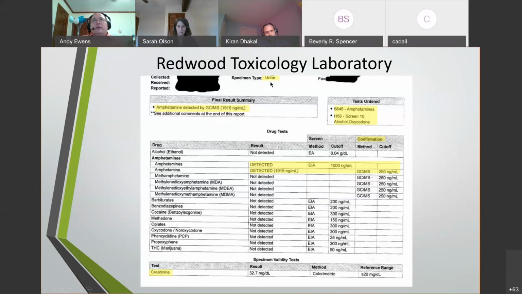And since this was a urine test, it's important if they will also report the concentration of creatinine.